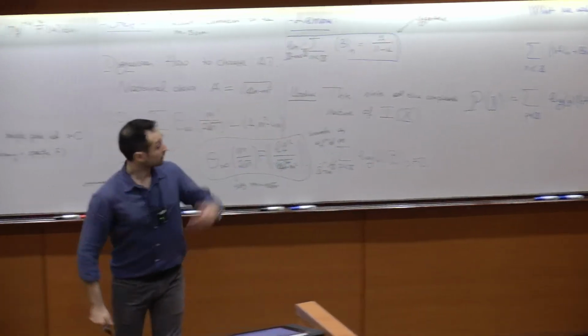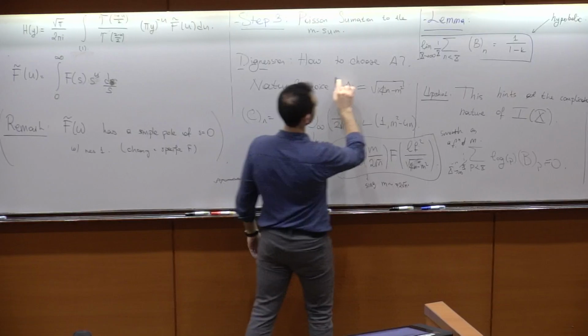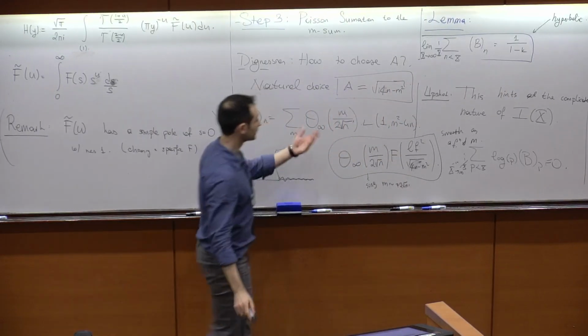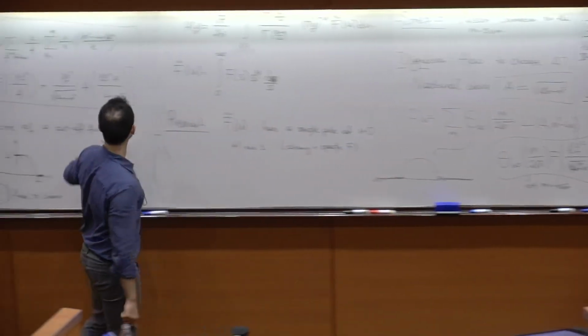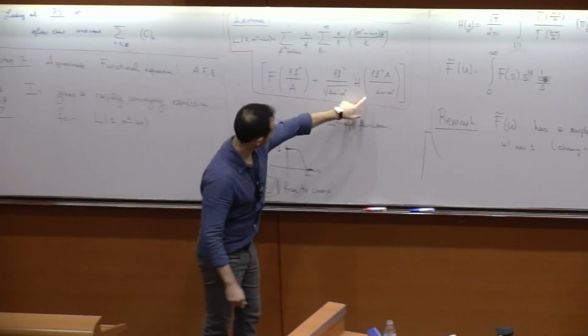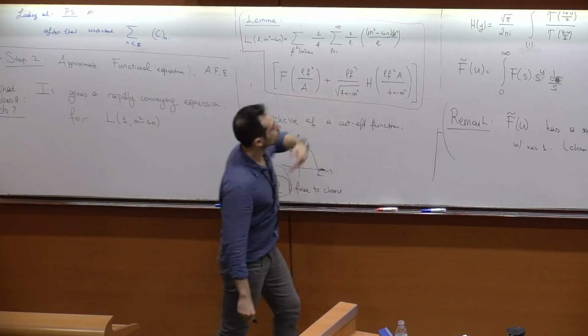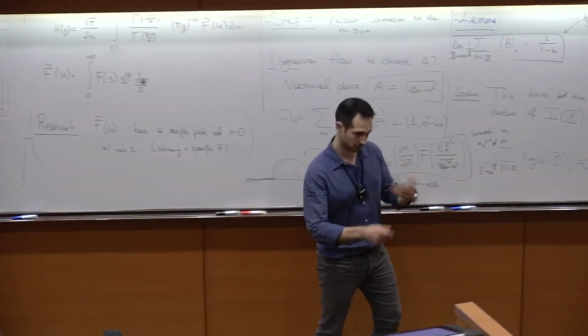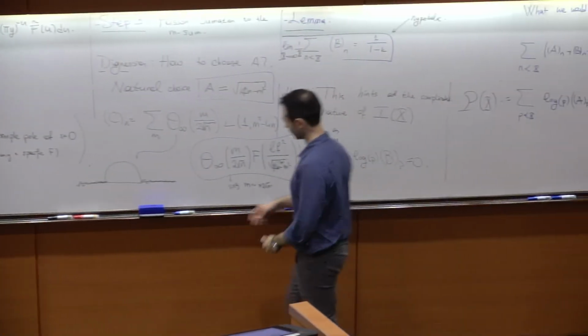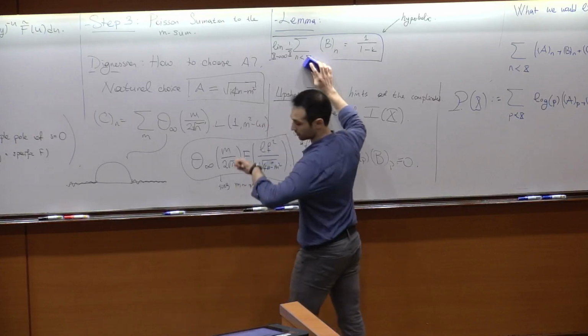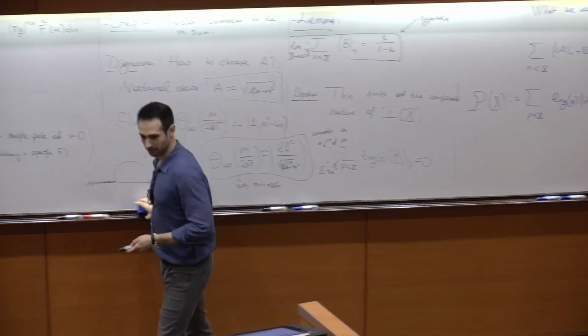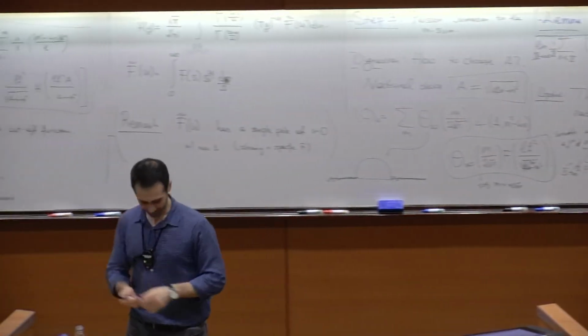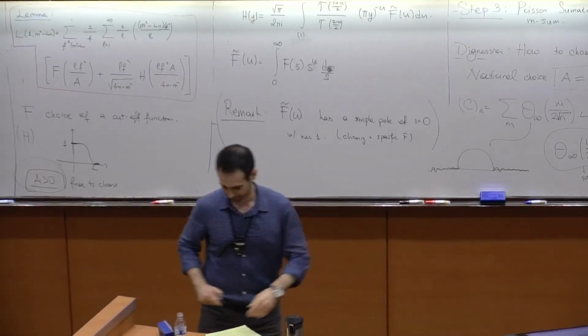But in any case, choosing a equals the square root of the discriminant not only gives you the optimal sizes of these sums in terms of the L parameter, but also smooths out the singularities of the orbital integral. So it does two birds with one stone. And then I promised the organizers to stop in normal time, so I'm going to take it from here next time.